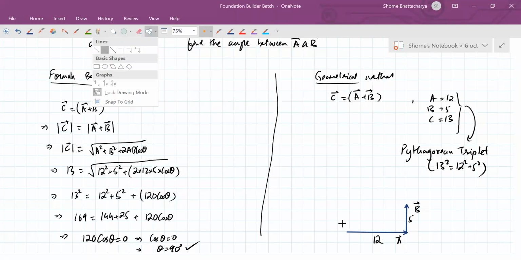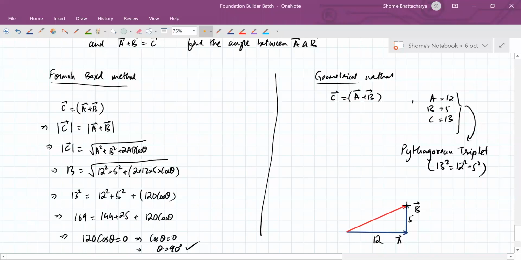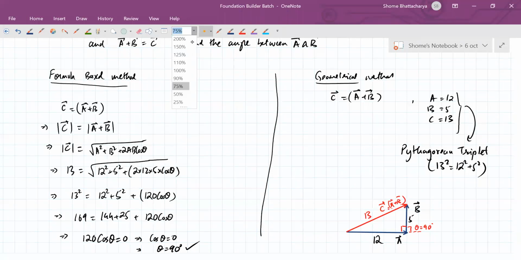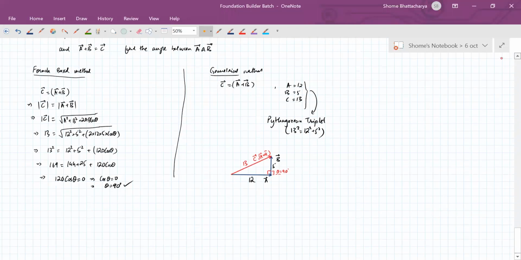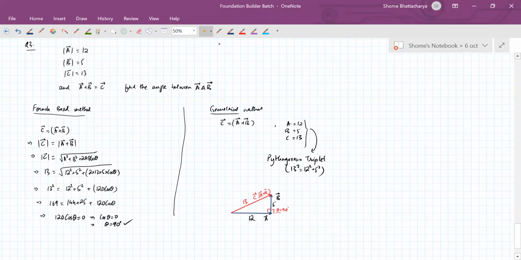If it doesn't strike us, it's going to be a little tough here, but it strikes us that this being 13, you can see that the angle theta between them is 90 degrees. Okay, so in case you haven't worked out this question, just make a quick note of this method. Next we'll move on to question number 5.